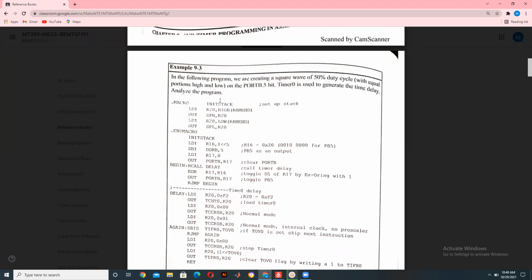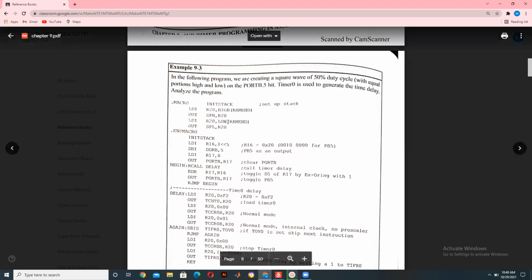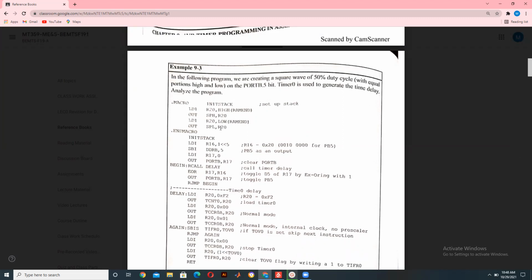We set up a stack here with LDI R20, the high byte, into SPH. It is basically creating a stack over here. Then .ENDMACRO means that we started and ended the macro, and each time the stack is initialized we call it again.